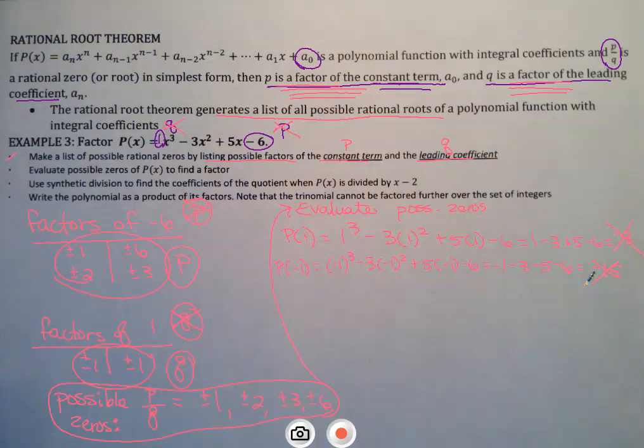You're like, oh, I got to keep going. So P of 2. We're going to have 2 cubed minus 3 times 2 squared plus 5 times 2 minus 6. So 2 cubed is 8.